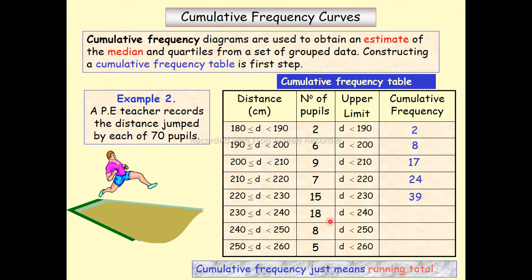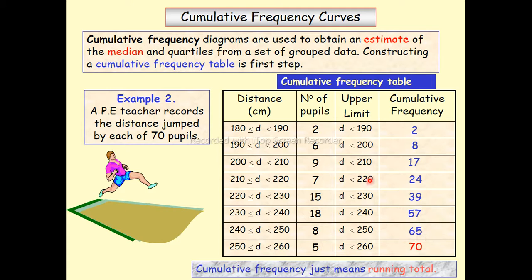And then 39 plus 18 gives us what? 57. And then 57 and 8 gives us 65. And 65 plus 5 gives us 70. Okay, and so this is our cumulative frequencies.